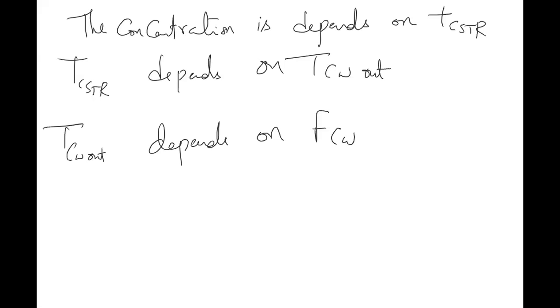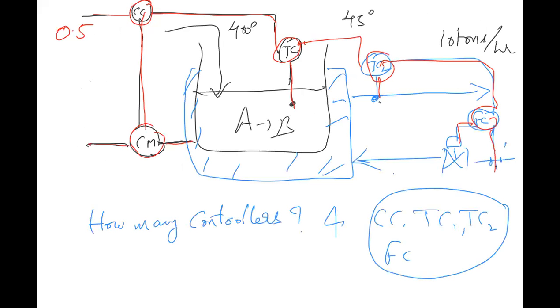Does everybody understand this question? Because this is one of the good examples of a cascade control. You are controlling in a cascade system.